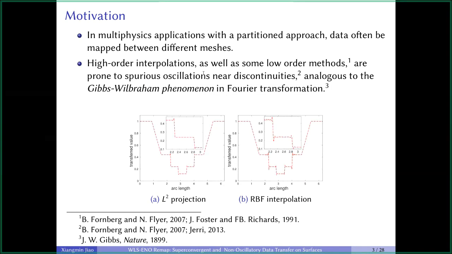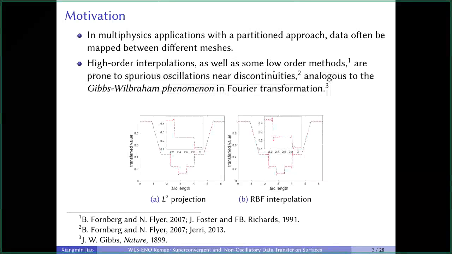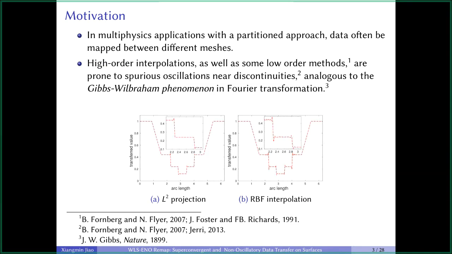However, high order methods like interpolation, and even some low order methods, can cause spurious oscillations near discontinuities. This is one example for L2 projection, a common refinement-based approach, where there are oscillations near the discontinuities, and this is another radial basis function-based approach, which is highly oscillatory near discontinuities. These are similar to the Gibbs phenomena in Fourier transformation.